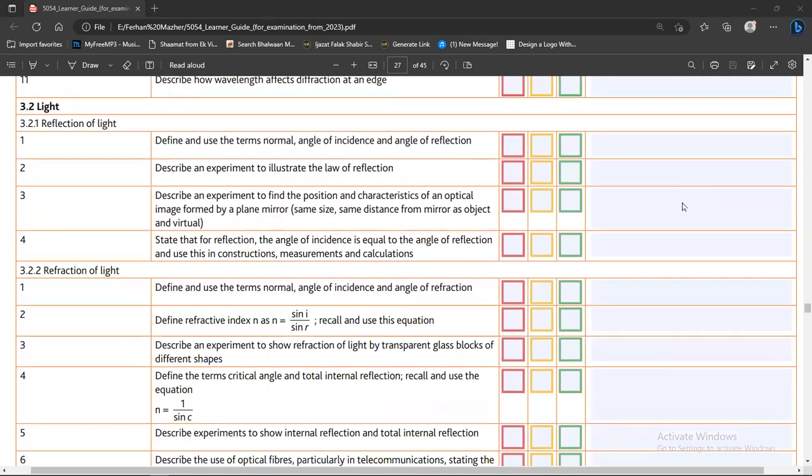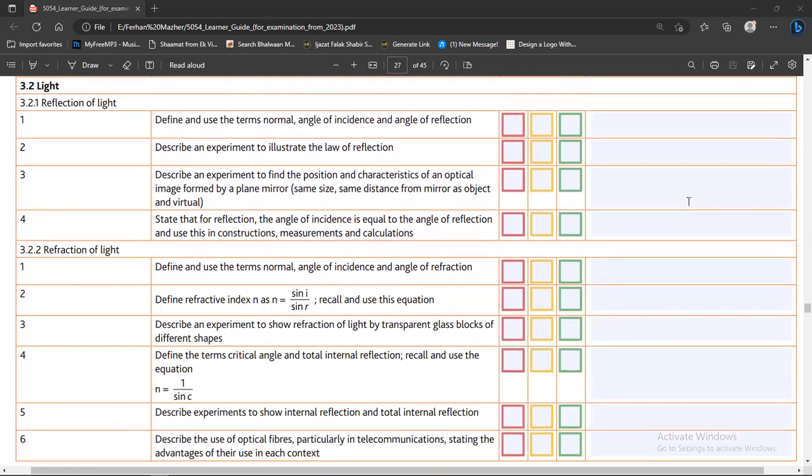The next topic is light and reflection of light. Define and use the terms normal, angle of incidence, and angle of reflection. Describe an experiment to illustrate the law of reflection.